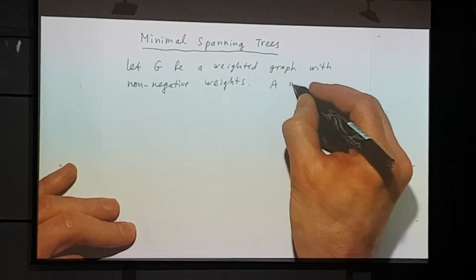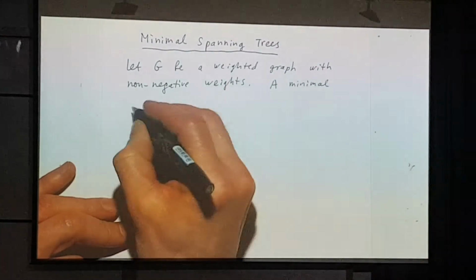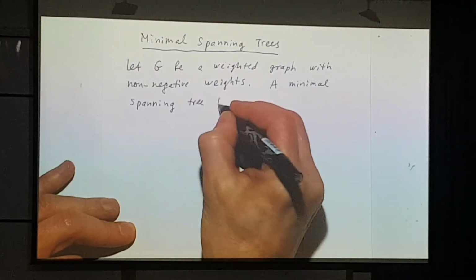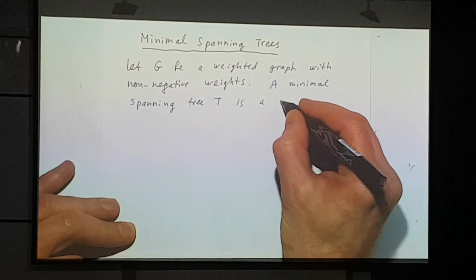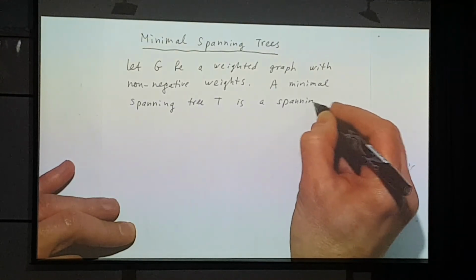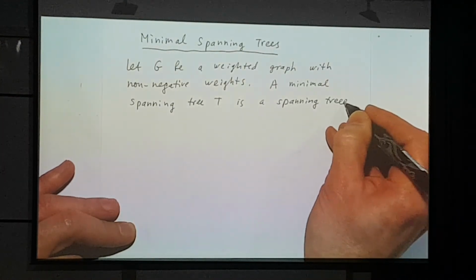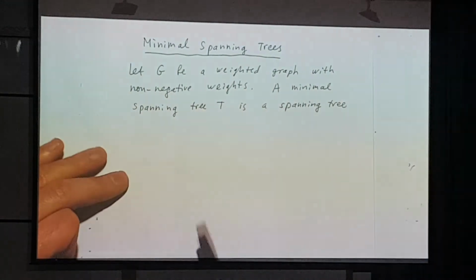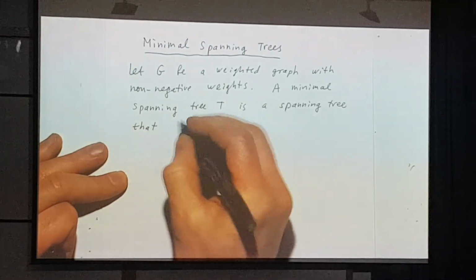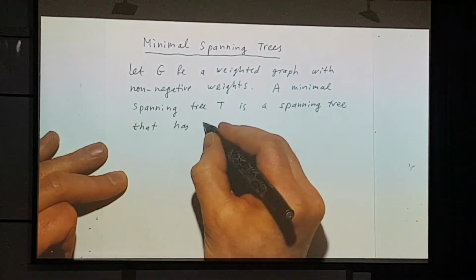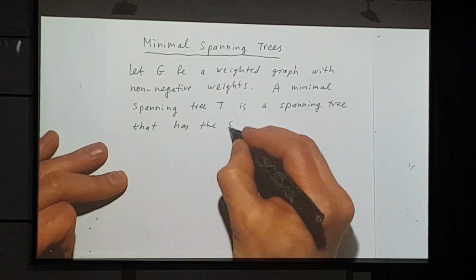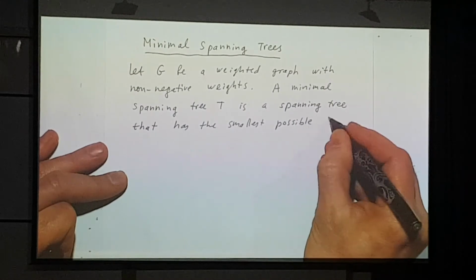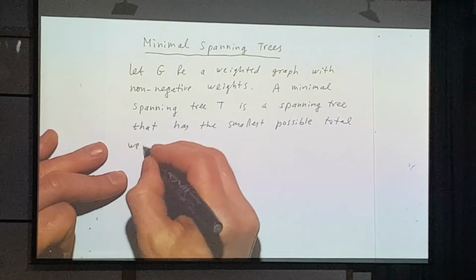A minimal spanning tree, T, is a spanning tree that has the smallest possible total weight.